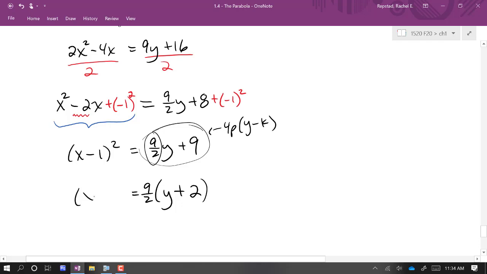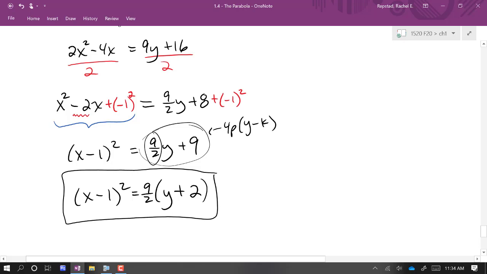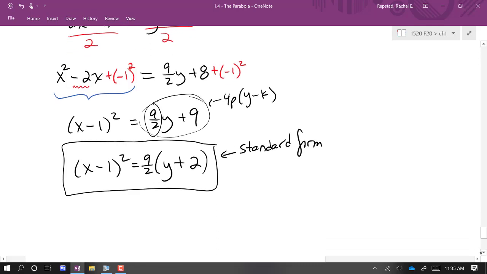So I have (x minus 1) squared equals 9 halves times (y plus 2). This is the standard form.